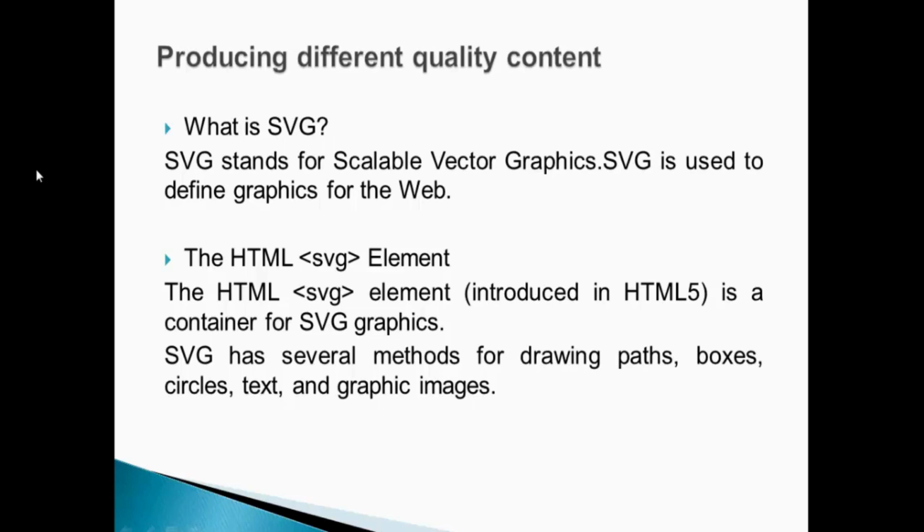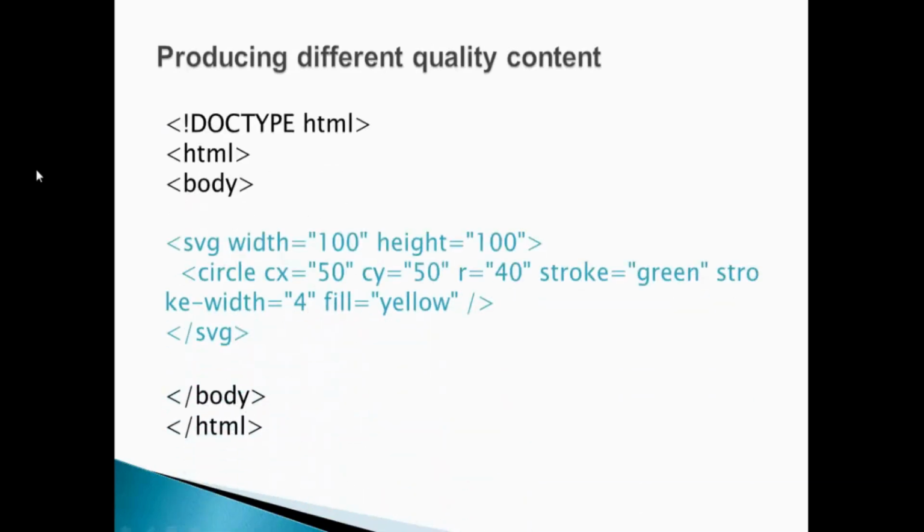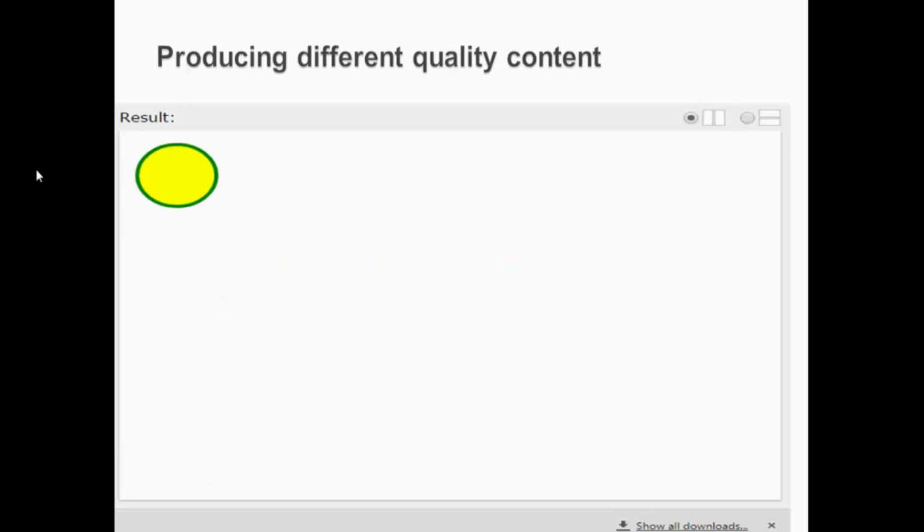SVG has several methods for drawing paths, boxes, circles, text and graphic images. Here is an example of using SVG, where we draw a circle whose x and y coordinates are 50 and radius is 40. As you can see the output of the SVG tag.